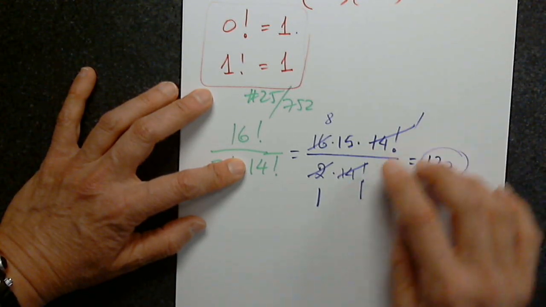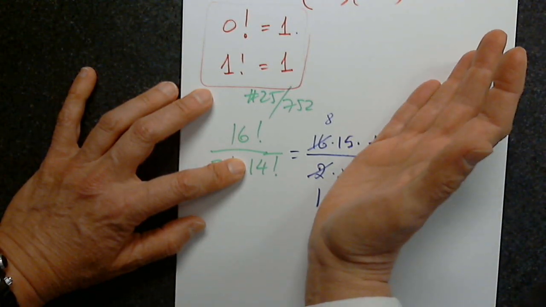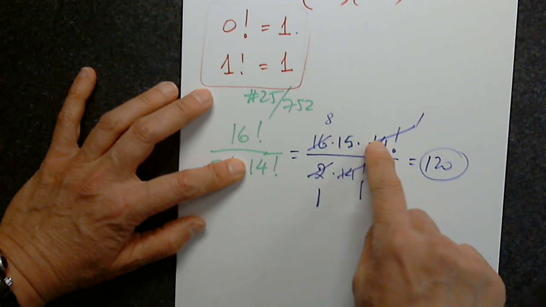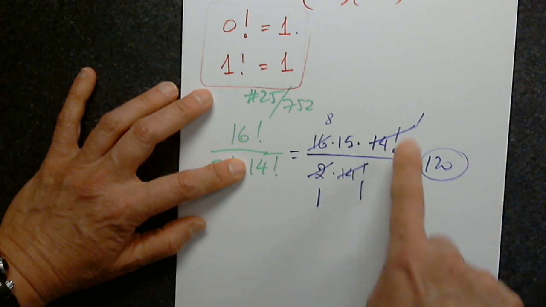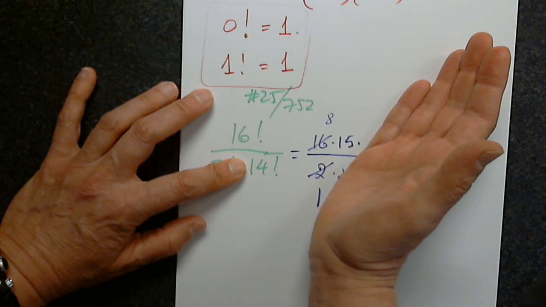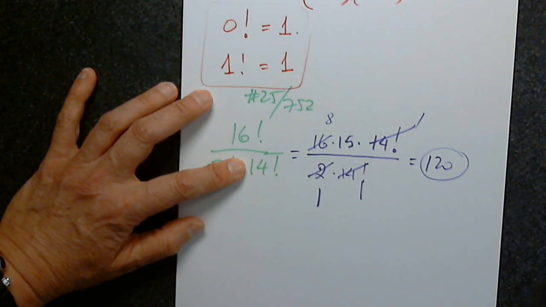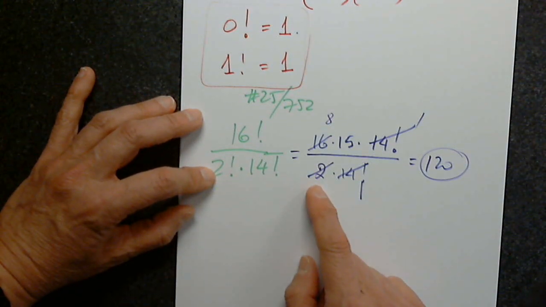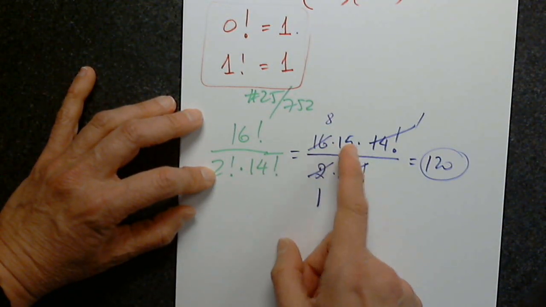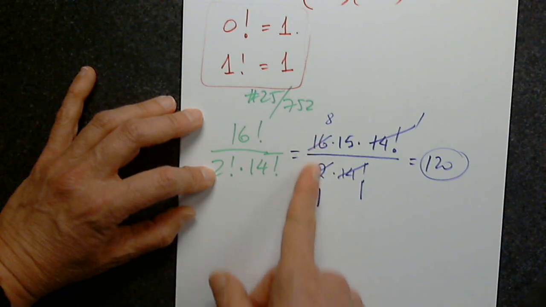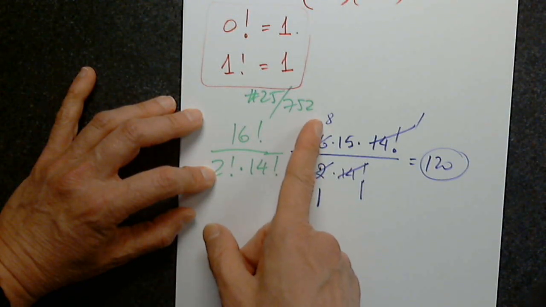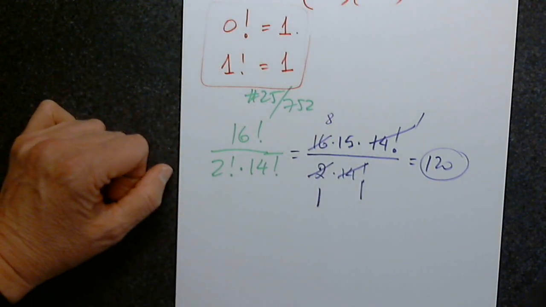I see 14 factorial, I see 14 factorial, I stop. This product and this product will go away anyway. So then 14 factorial with 14 factorial go away. 2 factorial is 2. On the top, I still have 16 times 15. I'll simplify 2 and 16 by 2, and I get 8, and 8 times 15 is 120.